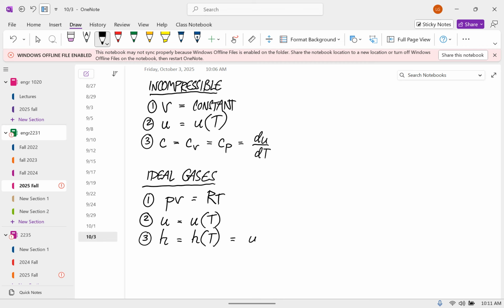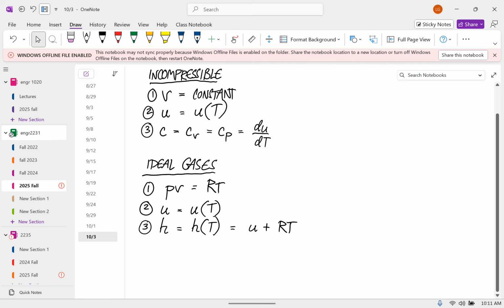And you can always calculate it as the specific internal energy plus that gas constant times the temperature. You can see right away where that comes from. If PV is equal to RT and the definition of specific enthalpy is U plus PV, then I've just made that one little substitution.